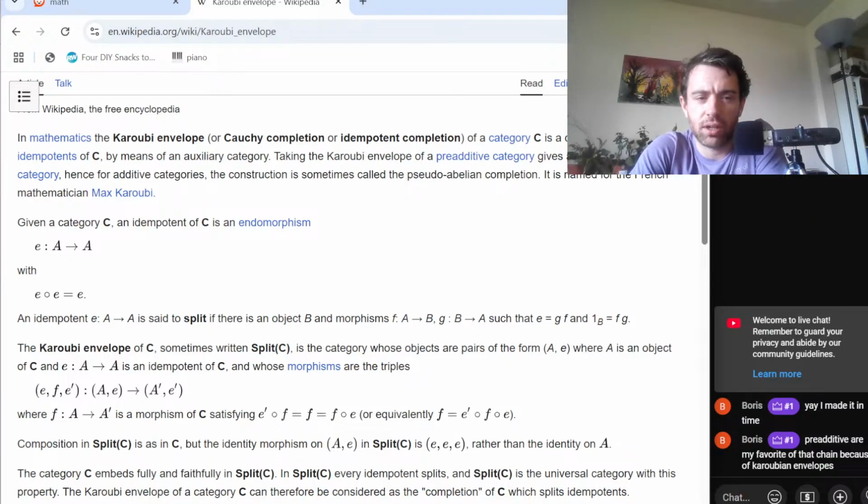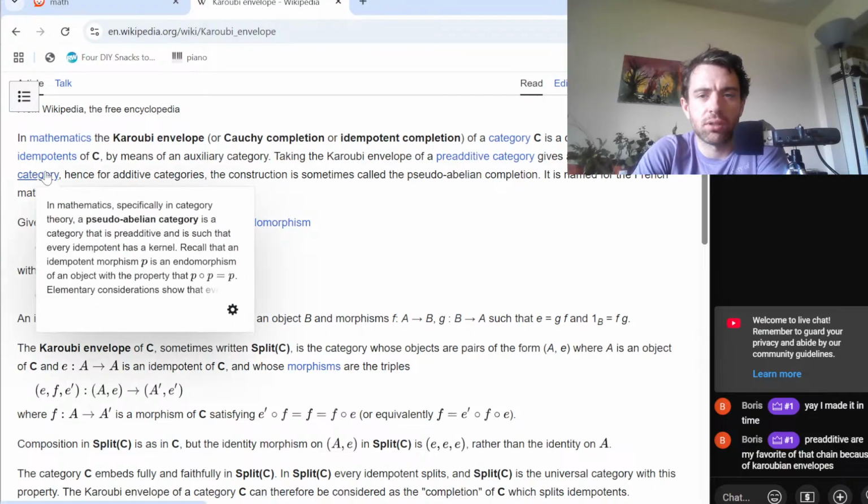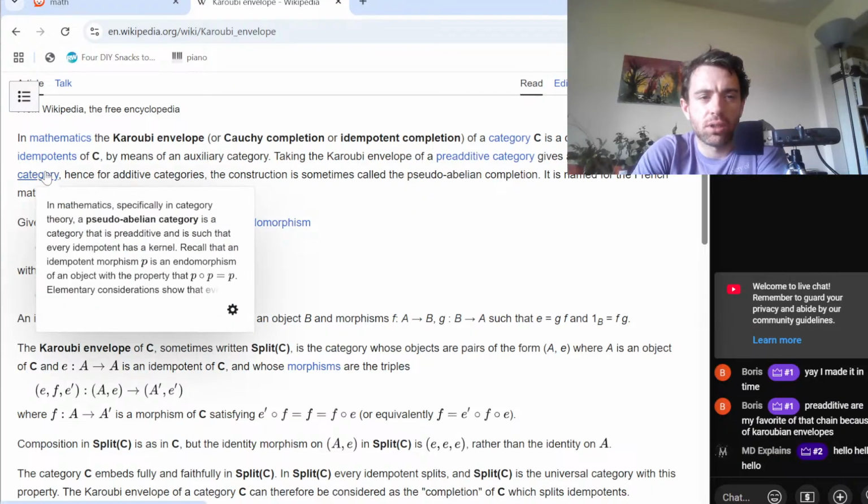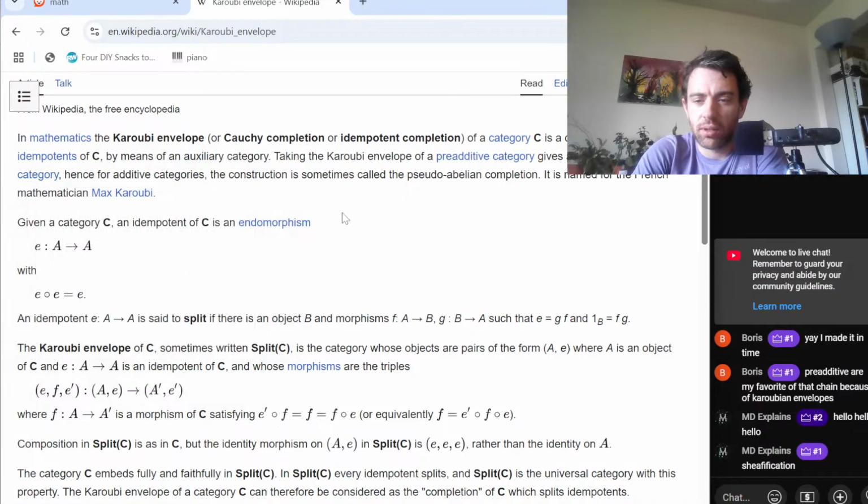I think I have maybe come across this at some point. The classification of the idempotents in C by means of the auxiliary category. Oh, interesting. What does pseudo-abelian mean? It's a category that is pre-additive, and every idempotent has a kernel. Interesting. Hello, MD.